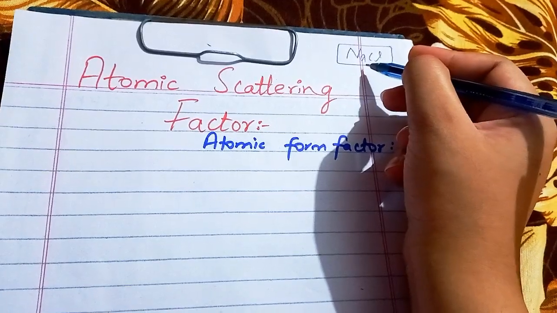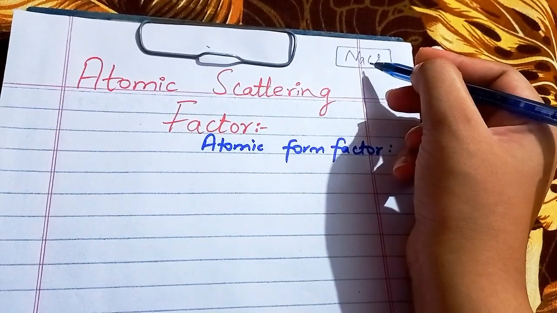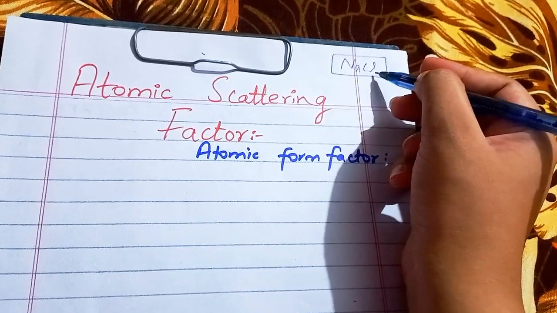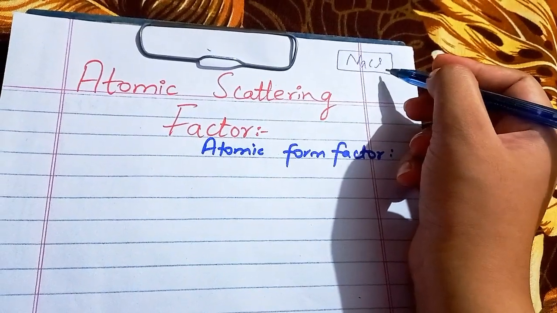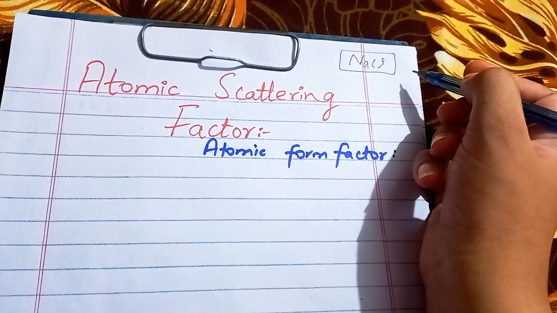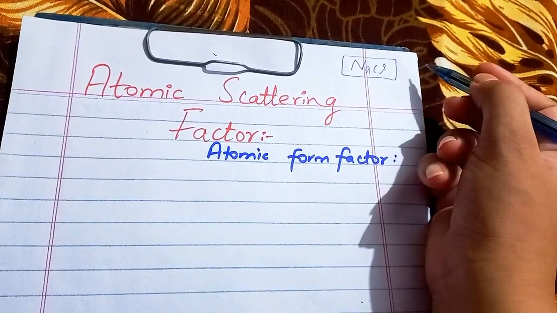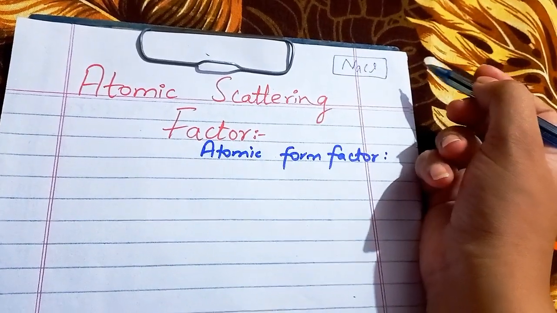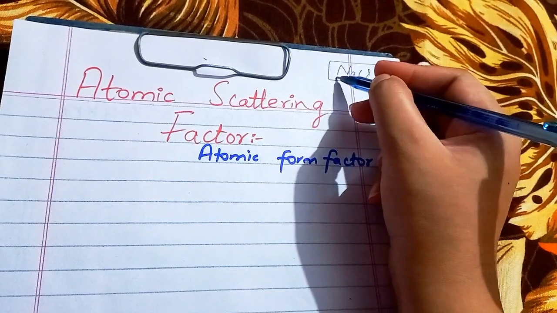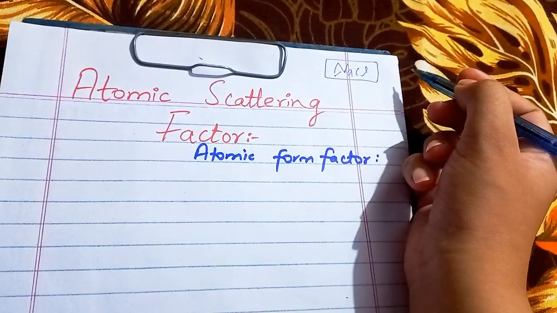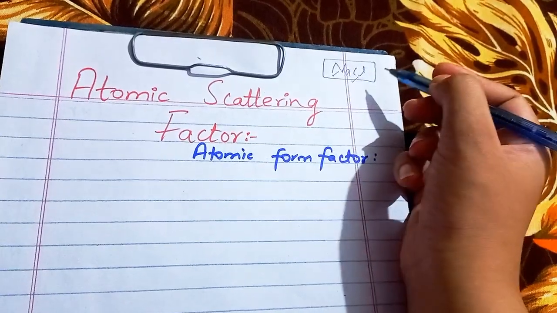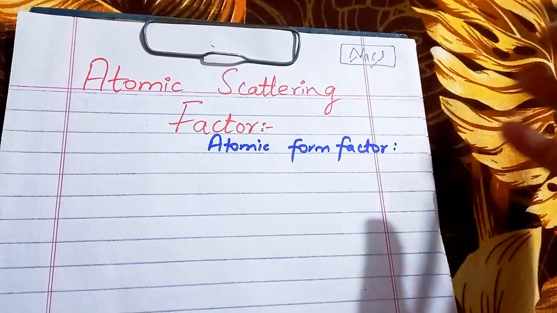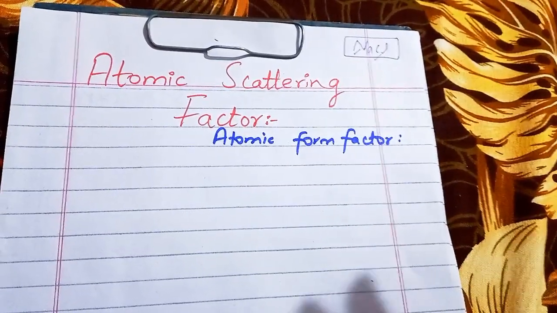The X-ray beam that hits the sodium atom is scattered less as compared to the one that is interacting with the chlorine atom, because chlorine atom has a higher atomic number. It has maybe 17 atomic number or 19, I don't just remember it exactly, but sodium has 11, and hence it will scatter the X-ray beam less as compared to the chlorine atom. Chlorine atom will scatter it more. So chlorine atom will have a higher atomic scattering factor while sodium has a lesser atomic scattering factor.